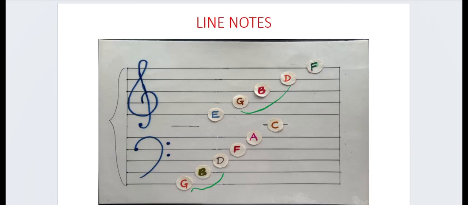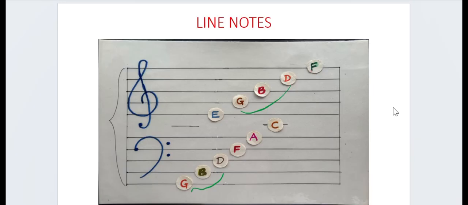We stop at F since we are not going further than this. So remember for line notes, the GBD starts on the first line, and in the treble stave, the GBD starts on the second line.